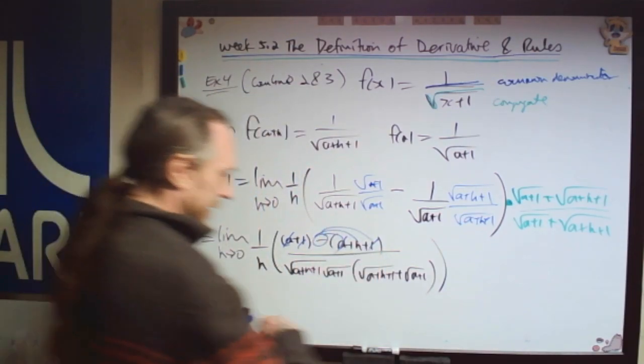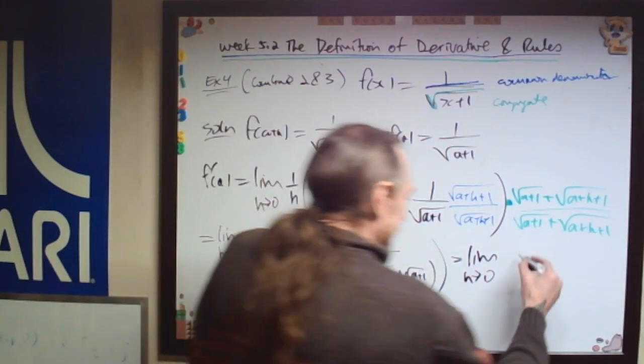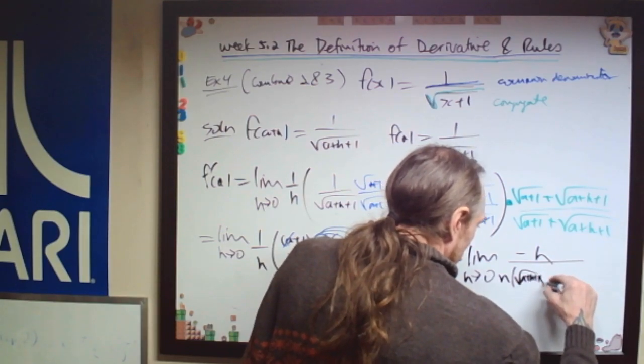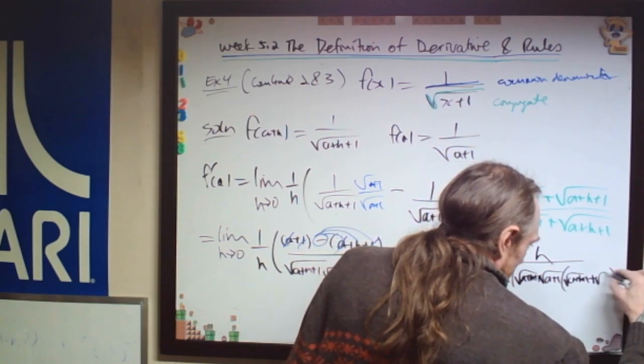Then we can rewrite this as equals the limit as h approaches 0 of negative h over h times the square root of a plus h plus 1 times the square root of a plus 1 times the square root of a plus h plus 1 plus the square root of a plus 1.